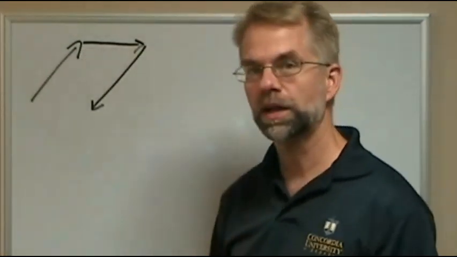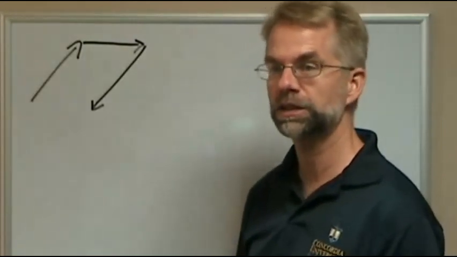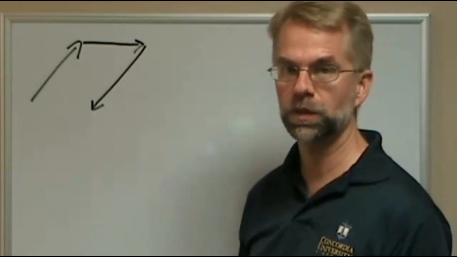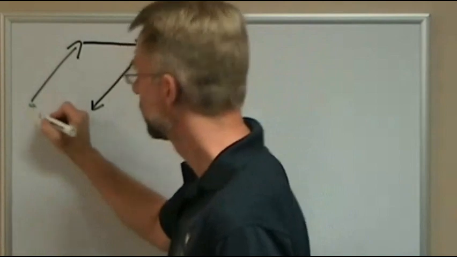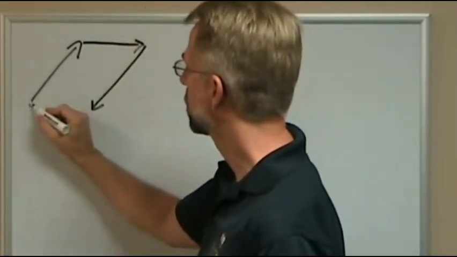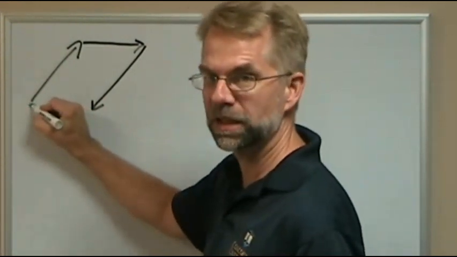Now, to figure out the resultant force, the resultant vector, that is the net effect of all three of these forces going at the same time, I simply start where I started. Always start where you started, at the base of the first vector, and draw an arrow to where you ended.